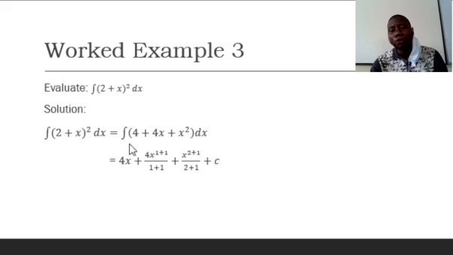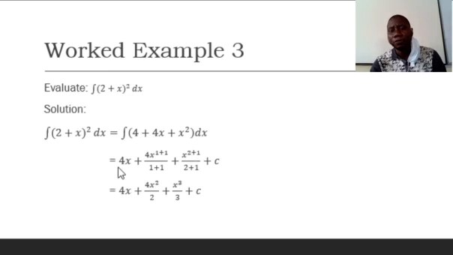So I have 4, integral 4x. If I integrate 4x, I will increase the power of this x by 1 and divide by the new power. That will be 4x^(1+1) over 1 plus 1, plus x^(2+1) over 2 plus 1.